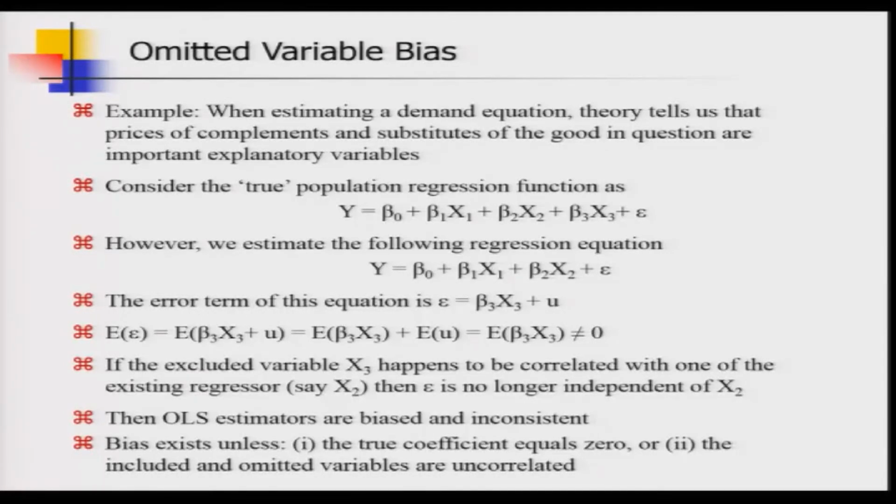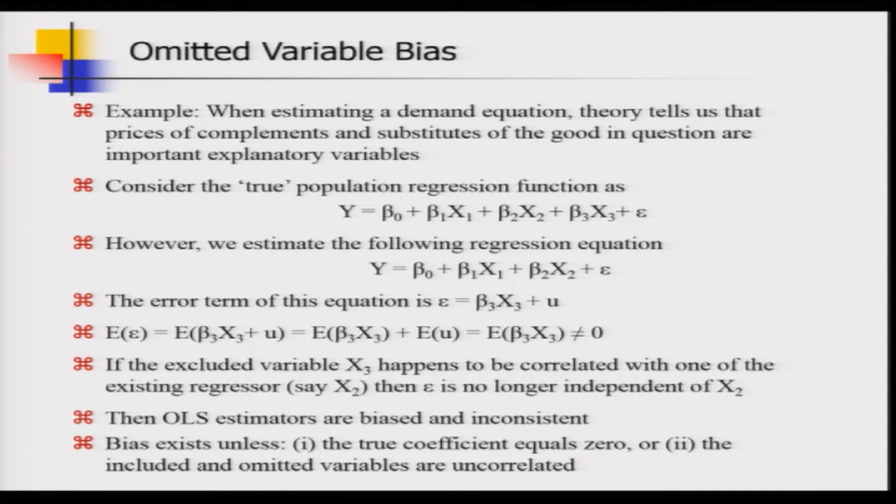As beta 3 is not equal to 0, beta 3 times x3 is also not going to be 0. So there is some non-zero component in the regression, but there is no variable taking care of that, so it will go in the error term.